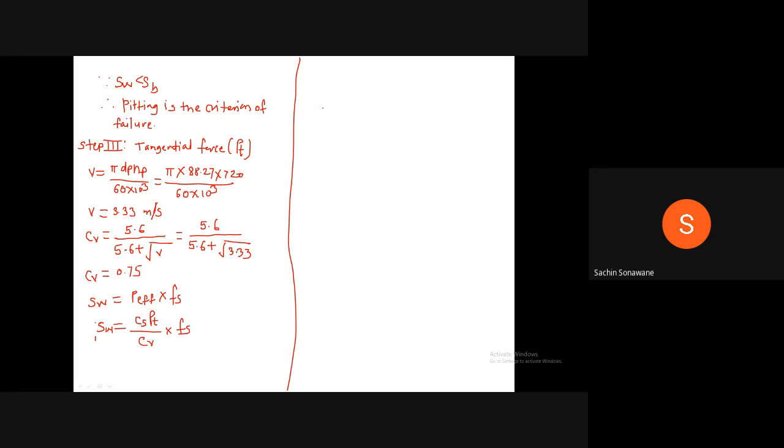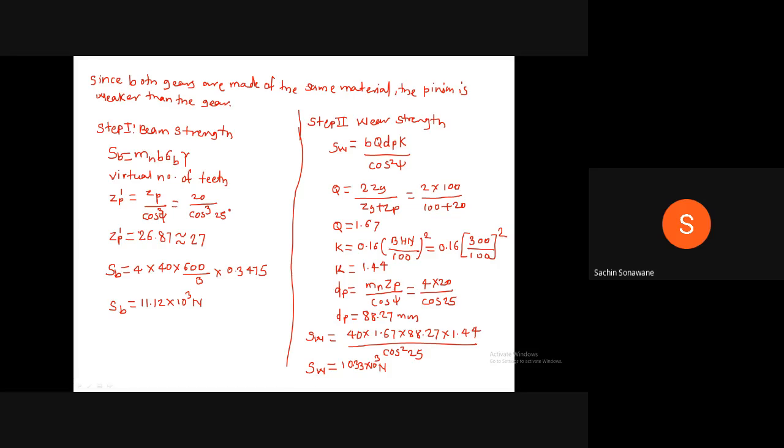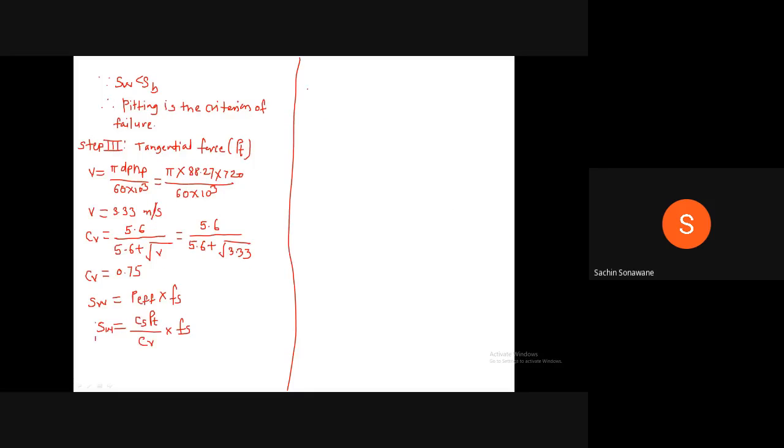SW is 10.33 into 10 raised to 3, which is equal to 1.5 into PT into 2 divided by 0.75.